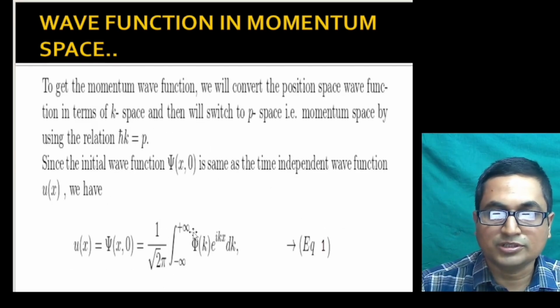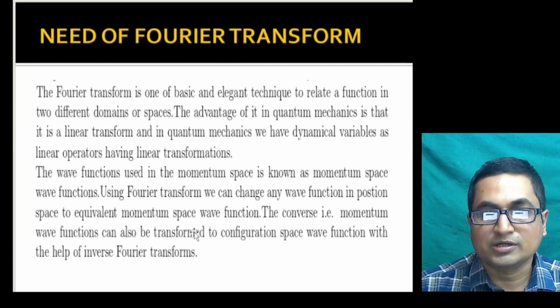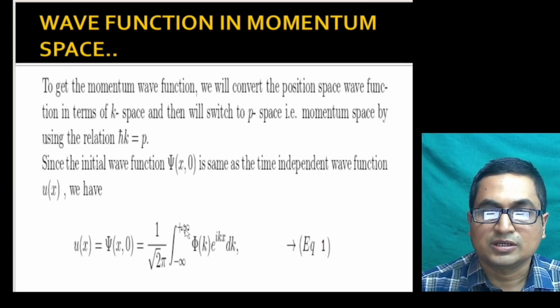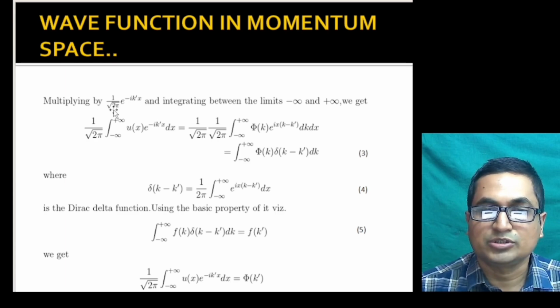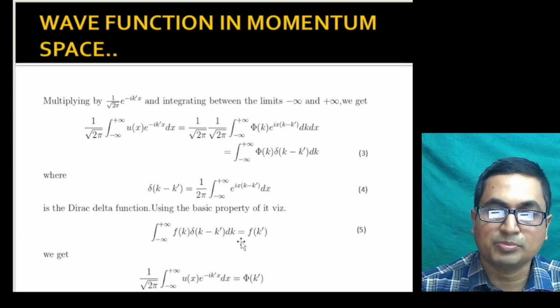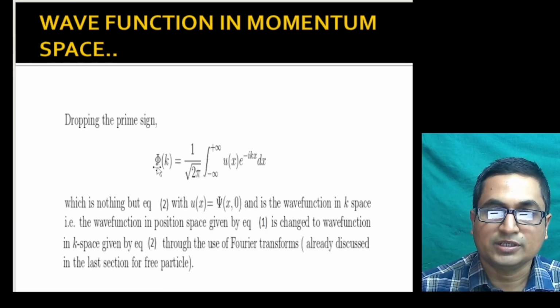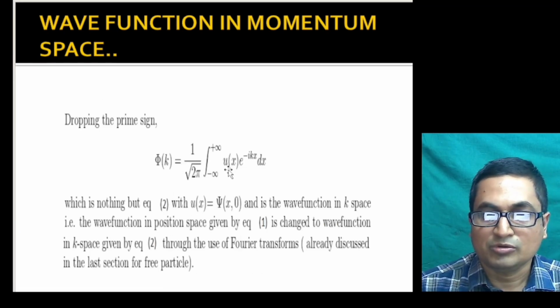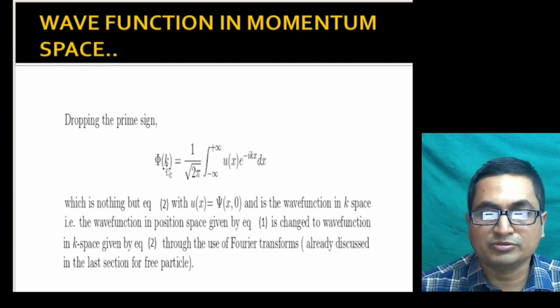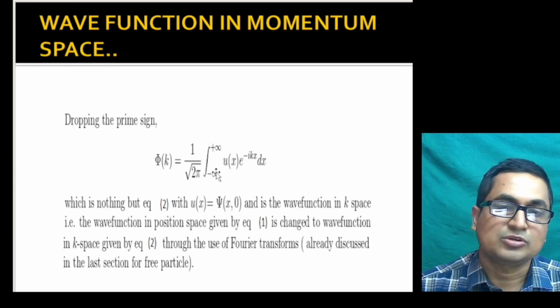So we started with these equations, and then with this kind of mathematical simplification and the definition of Dirac delta function and its property, we come to the conclusion that we can get the momentum wave function, or the wave function in momentum space, from the wave function in position space through these equations.